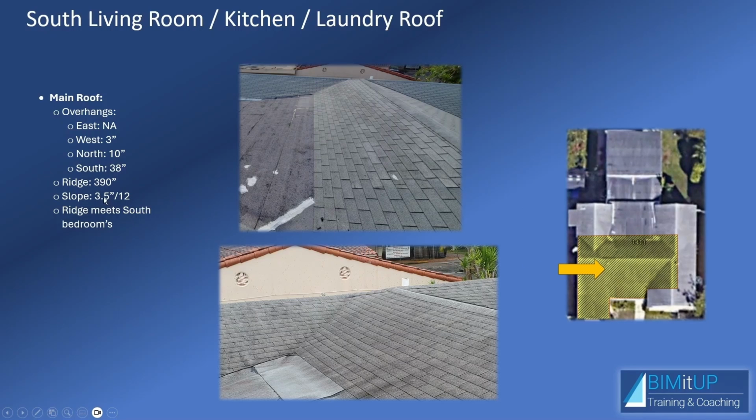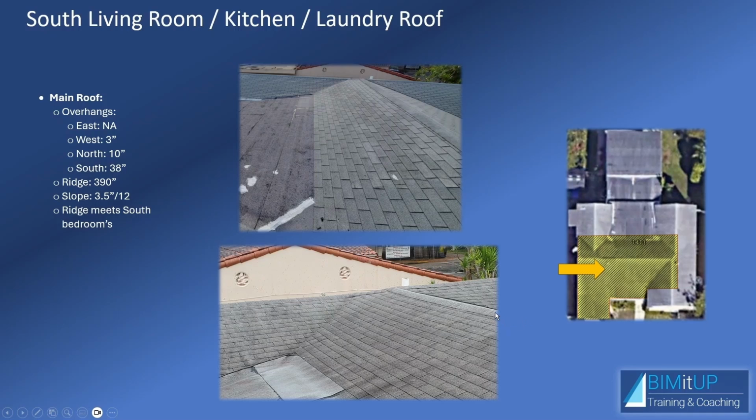And then we need to make sure that we set our slope to 3.5 in 12. So it's a little bit shallower than the other roof. This roof here is shallower than this, and this. And then we are aware that the ridge meets the bedrooms. So it meets the south bedroom here as an L, right here, this L. And then it slopes down a little bit in a diagonal to meet the ridge of the north bedroom.